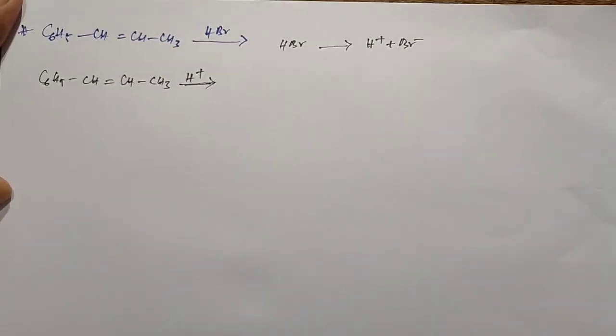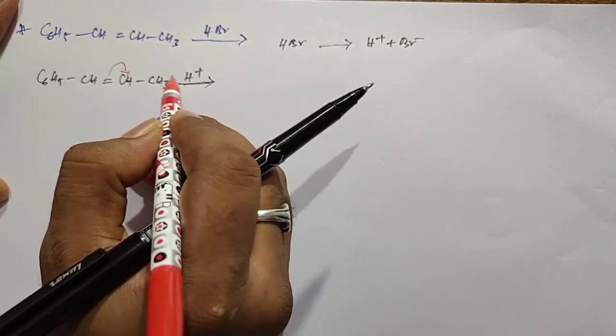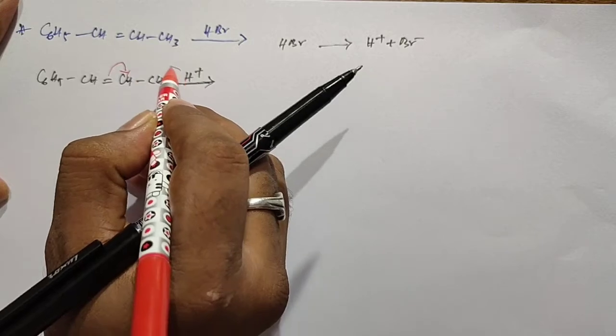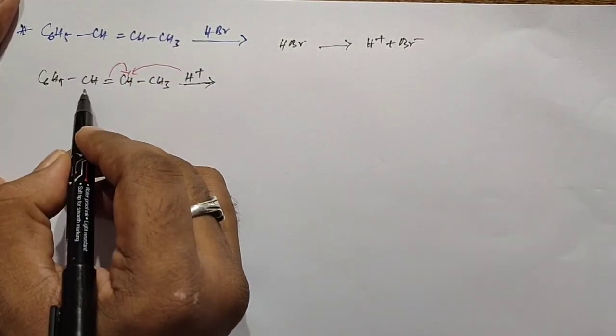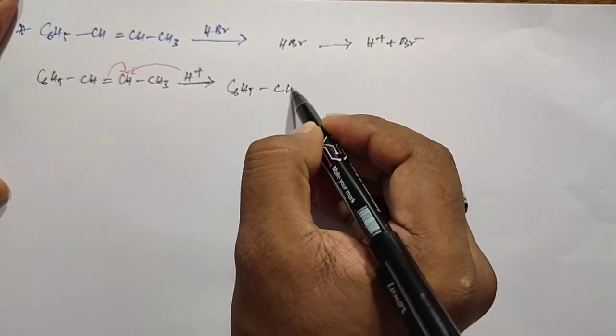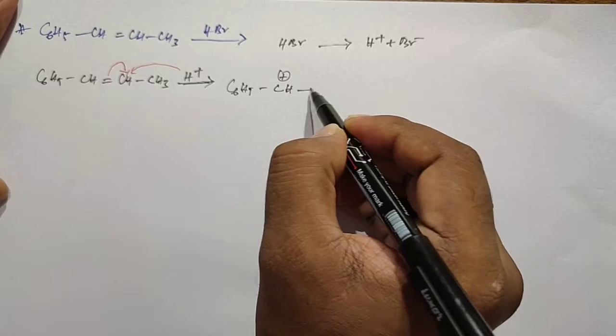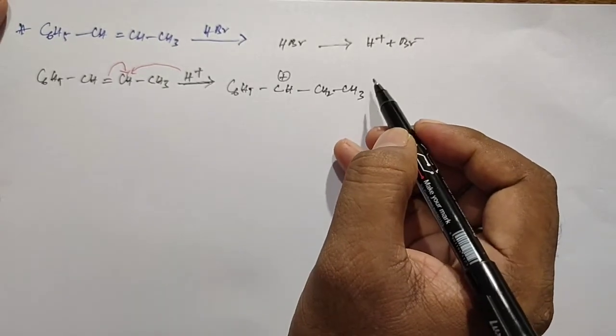Here the pi electrons shift towards this carbon, and the H plus ion is attached to this carbon, and the positive charge shifts towards this carbon. We get C6H5 CH plus CH2 CH3. So this is the product we get.